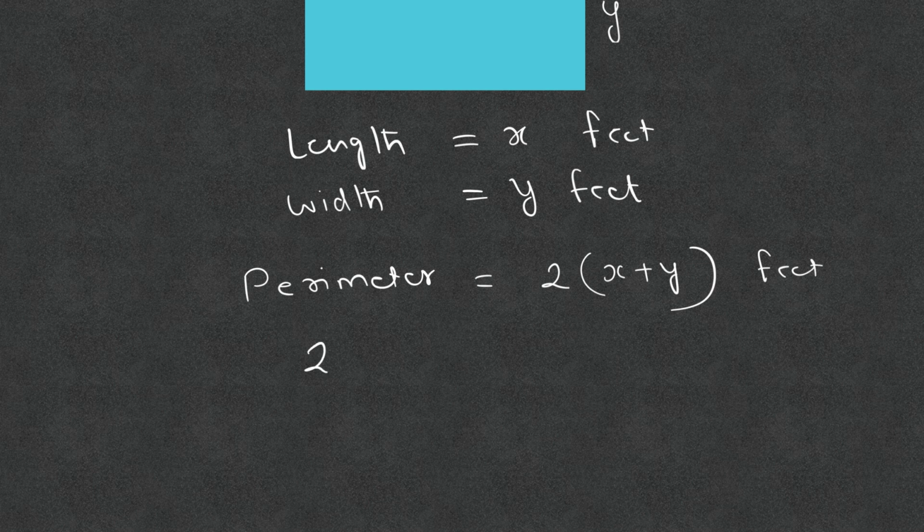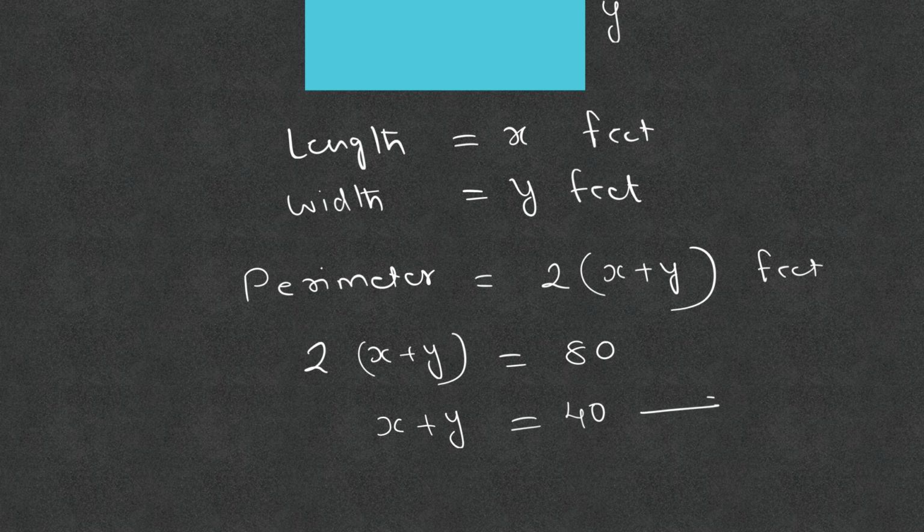Given the perimeter is 80 feet, we have 2 times x plus y equals 80, which implies x plus y is 40. Let's call this equation 1.